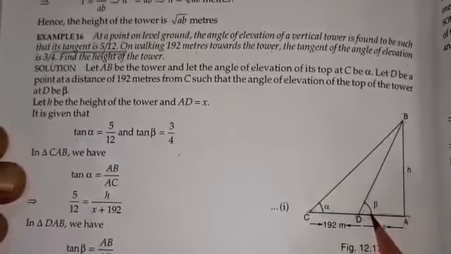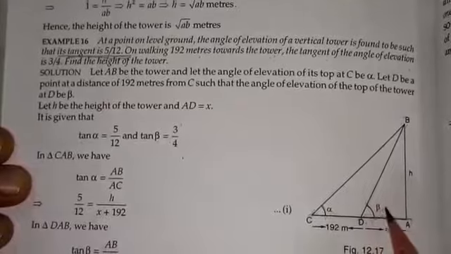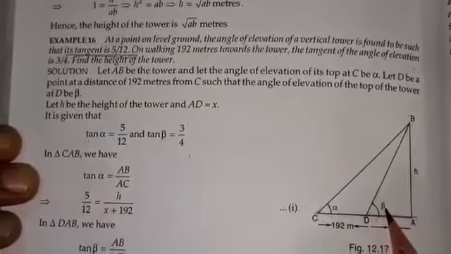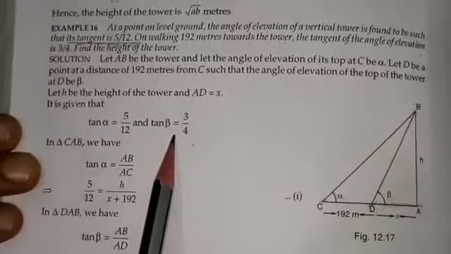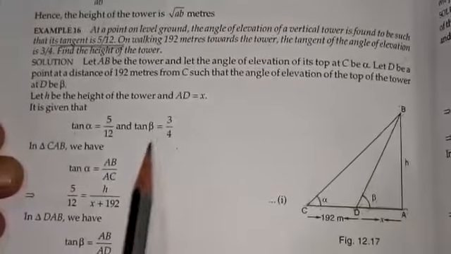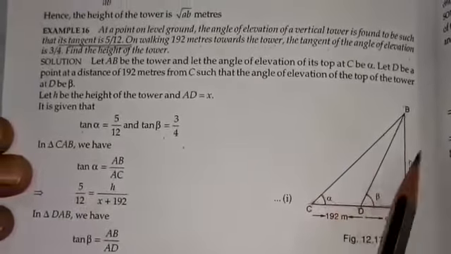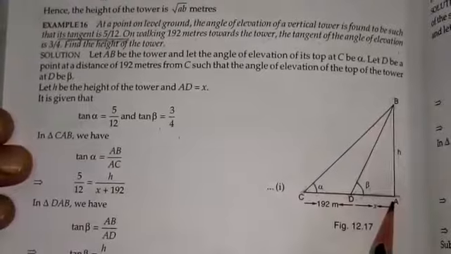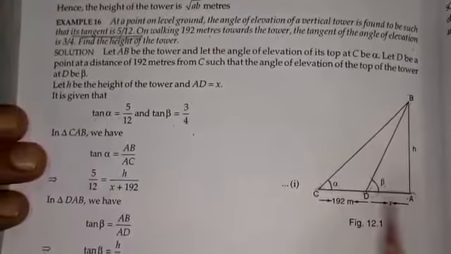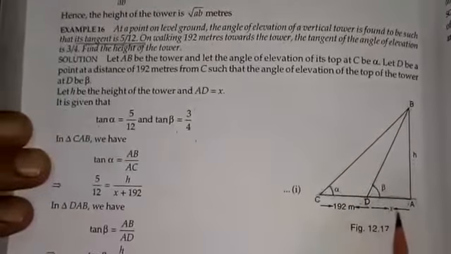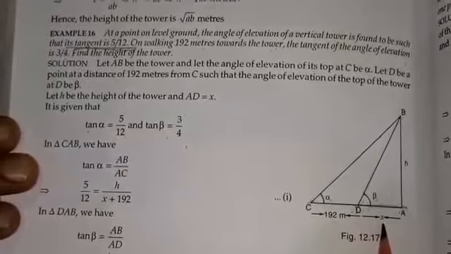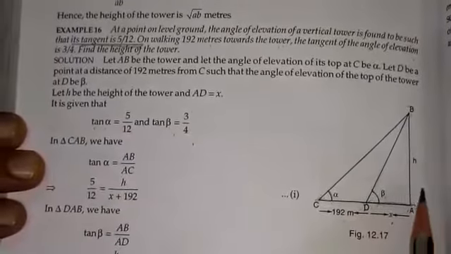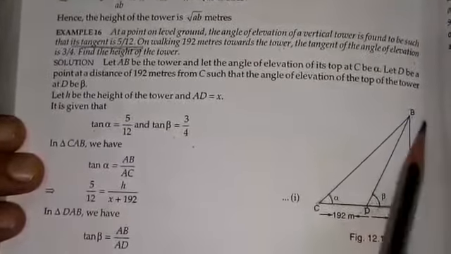It is not known to us, so we've called it beta, and tan beta is 3 by 4. Given this information, we need to find the height of the tower. AD is also not known to us, so let's call it X. The question is to find the value of H, the height of the tower.